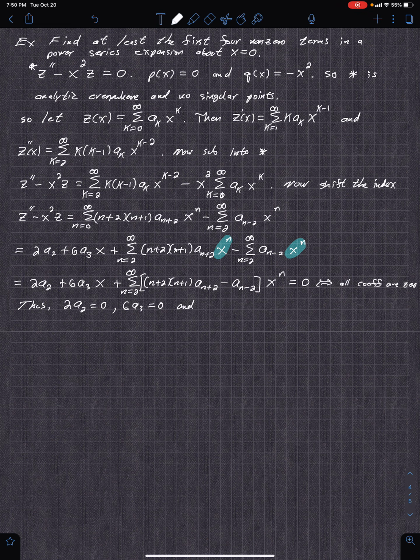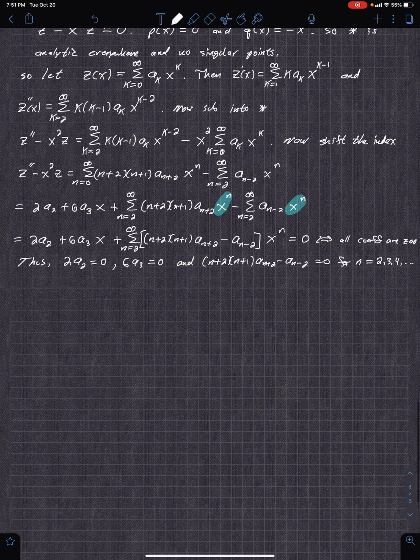And that whole thing equals 0: n plus 2, n plus 1, a sub n plus 2 minus a sub n minus 2 equal to 0 for all n equal to 2, 3, 4, etc. So now you basically solve for that. We're going to let n be 2 and then let n be 3, and you basically get a system to solve.